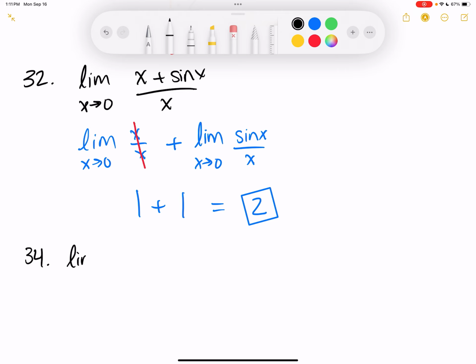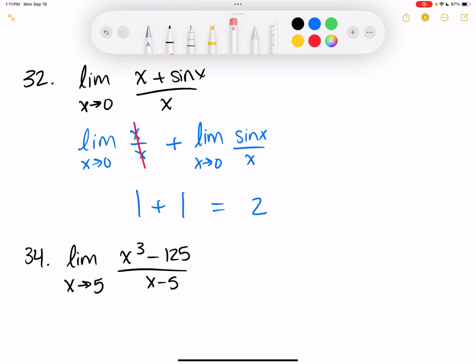The limit as x approaches 5 of x cubed minus 125 over x minus 5. Now all I know is 125 is like 5 cubed, so it's x cubed minus 5 cubed over x minus 5.